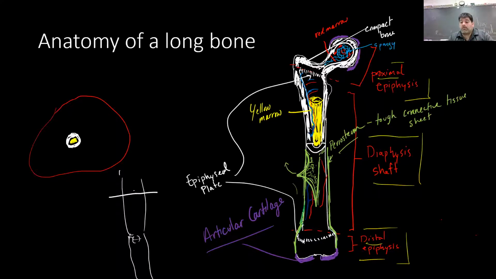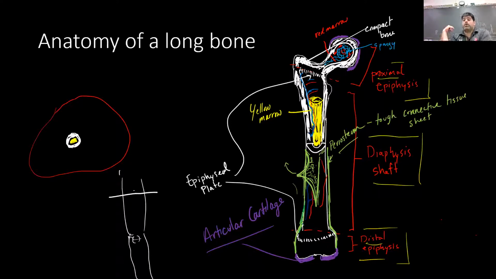And the distal epiphysis is from the epiphyseal plate distal. So these regions of the bone are kind of static, and then growth occurs in that middle range, in that diaphysis. That diaphysis is the bone shaft.